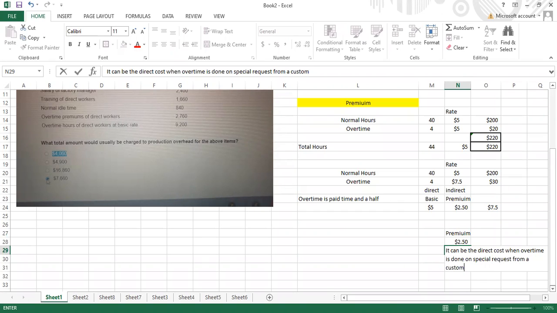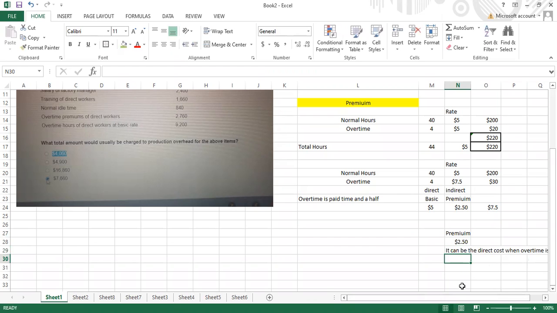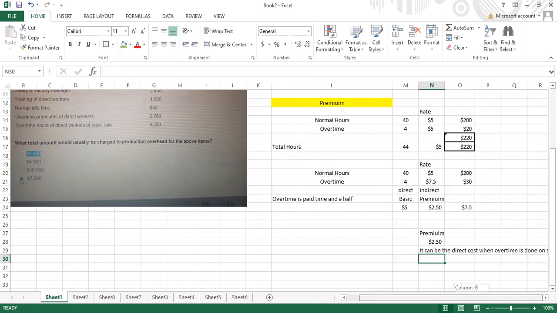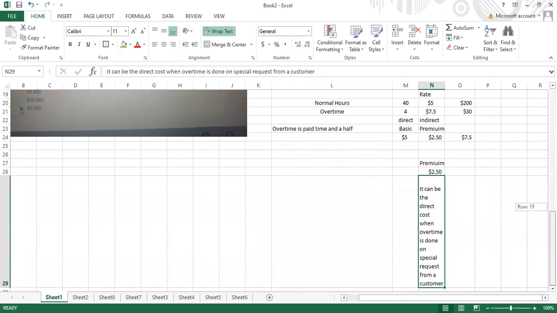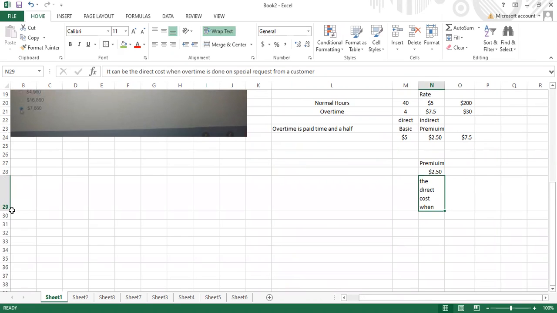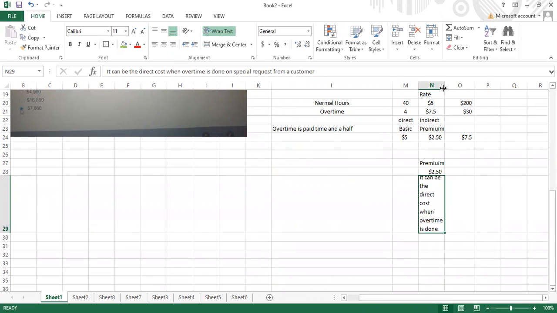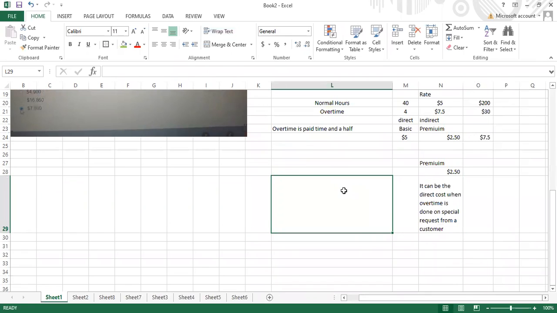And you can see the wording would be like this: with overtime you can see words like specific or special request, specific order or special request.